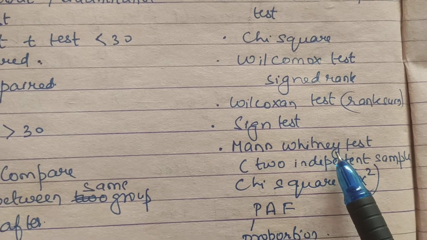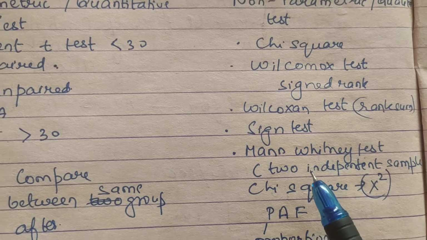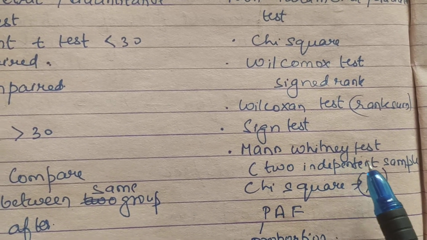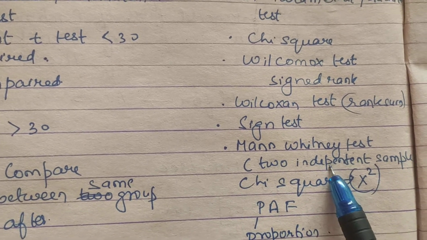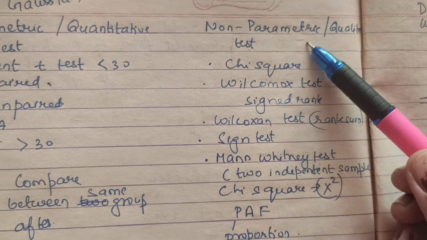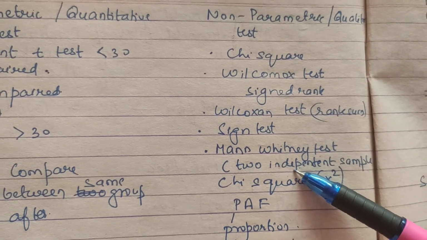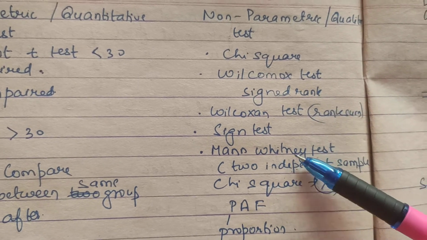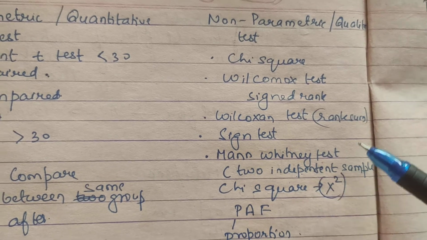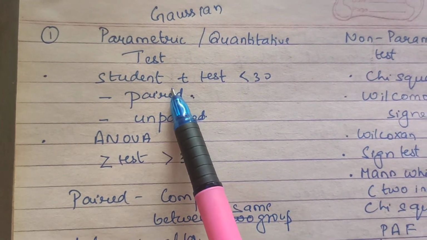I went through one question where they are asking about two independent samples, which test you will use from non-parametric. It is the Mann-Whitney test. And if they are asking two independent samples from parametric tests, then you will use the student t-test.